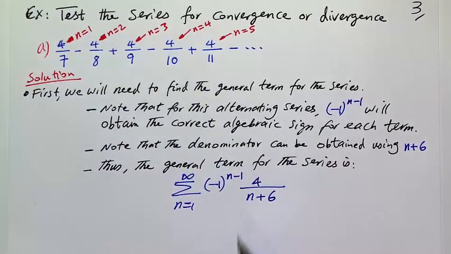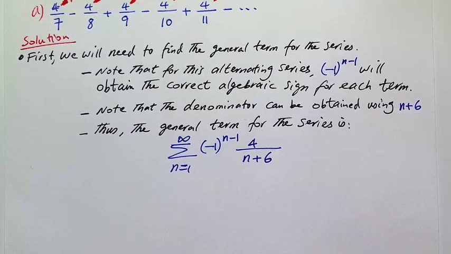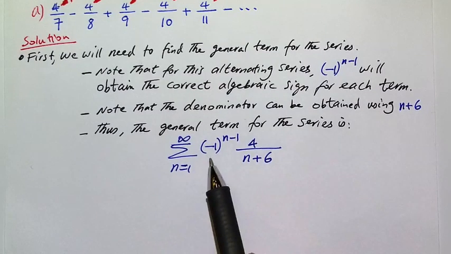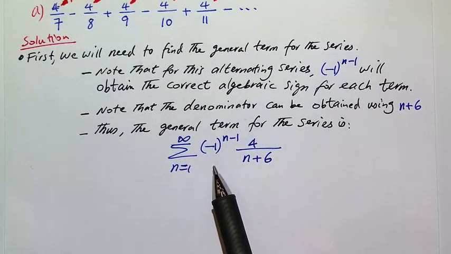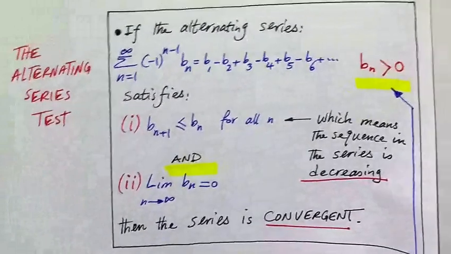Now that we have this, we can talk about whether this series converges or diverges. And because it's an alternating series, we will apply the alternating series test. Remember that the alternating series test had two conditions that we have to look at.